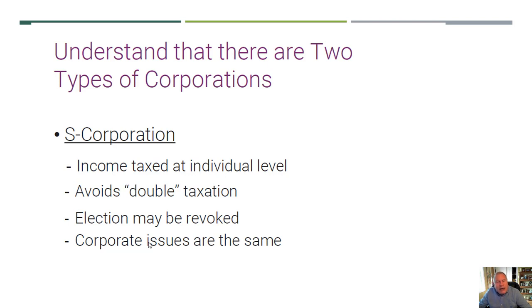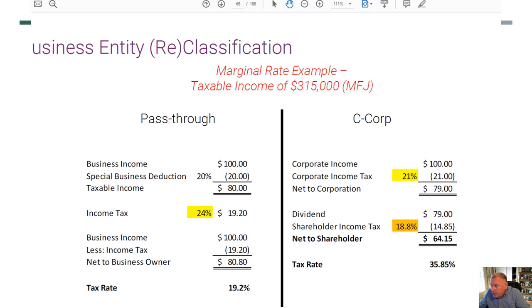However, S corporations are limited by the number of shareholders. So with publicly held companies, you can't do that. It avoids double taxation, but what happens is the corporate rate is lower than the personal rate. So the tax code adjusts that to some degree.